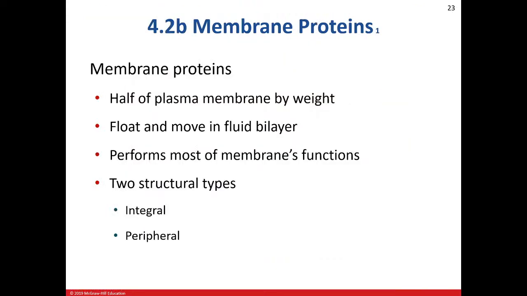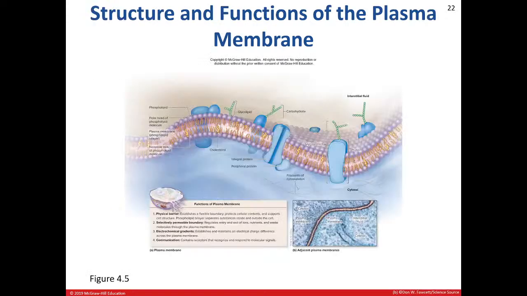All right. So membrane proteins, they're about half the plasma membrane by weight. They float and move around in the fluid bilayer, and they perform most of the membrane's functions. There are two structural types, integral and peripheral. And if we go back up, you can see near the right side that big protein that passes all the way through.